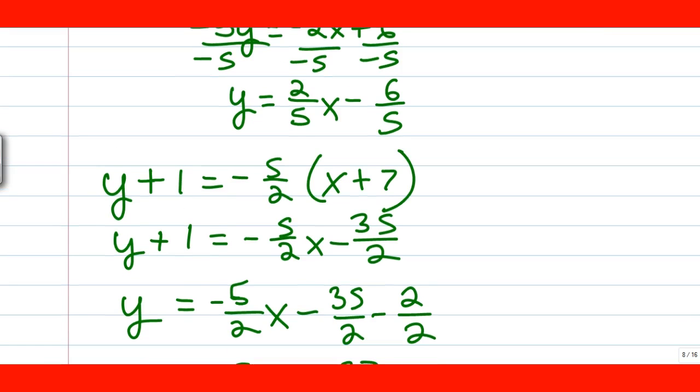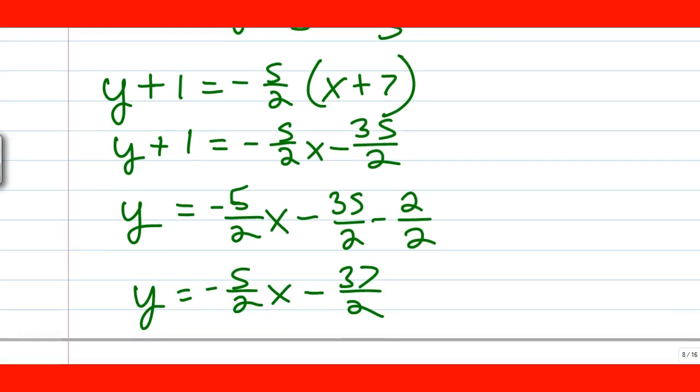So knowing that and knowing the point, we can plug our information in. So we end up with y plus 1 equals negative 5 over 2 times x plus 7. We're going to distribute this m value through the parentheses to clear. So we end up with negative 5 over 2x minus 35 over 2.